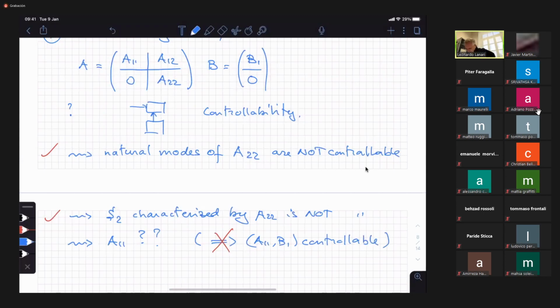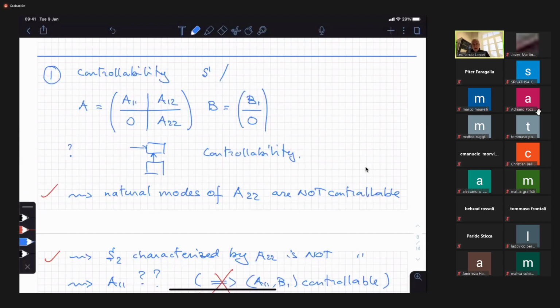And you would say, but how is this possible? We have this Kalman decomposition, etc. True, but if we start from a given A matrix with this structure, nobody is telling us that this is a result of a Kalman decomposition. We do not know the history that brought to this A matrix.